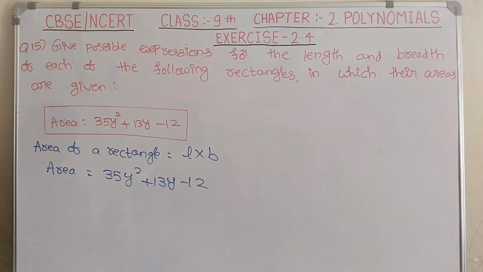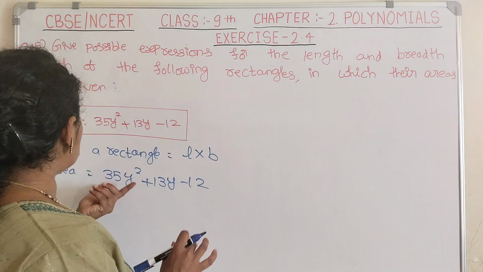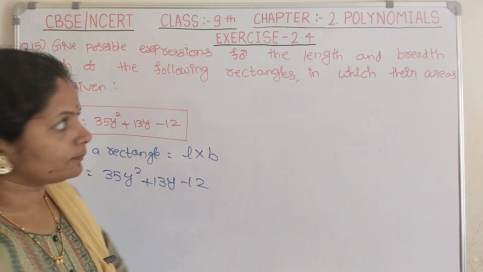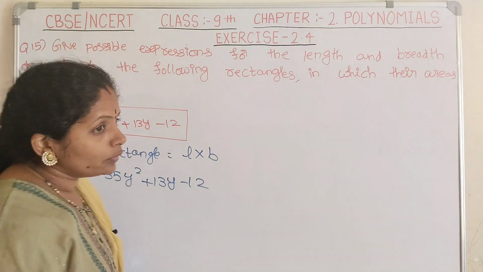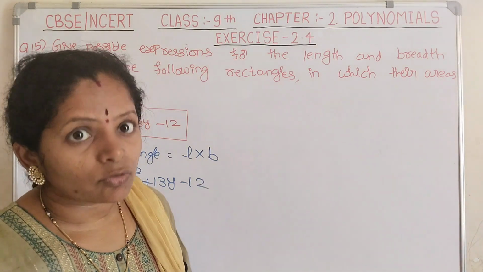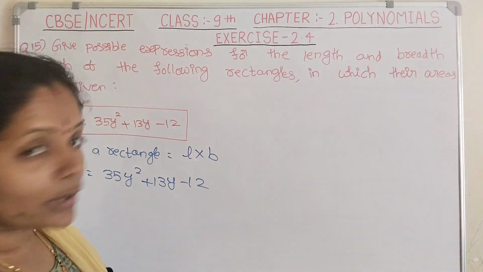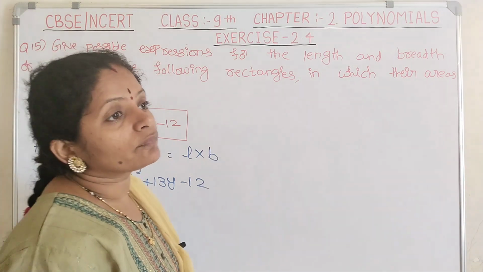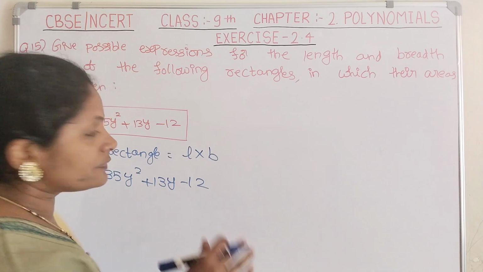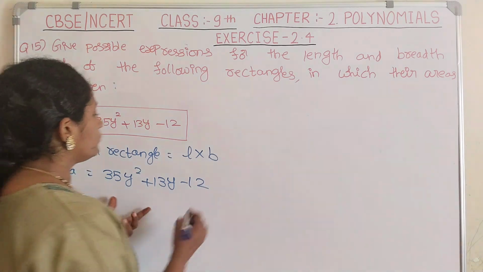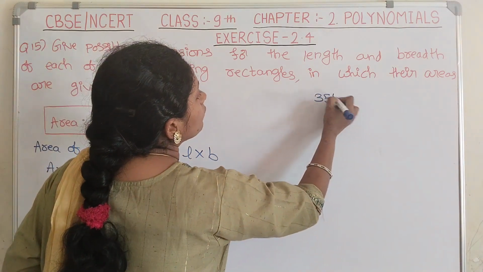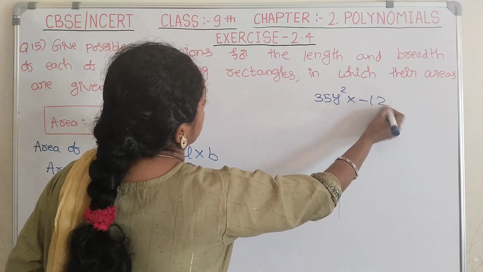What is the first step? We have to multiply this 35y square into minus 12, because we are going to get the factors of this quadratic polynomial with the help of splitting the middle term, as we did for the first question. 35y square into minus 12.